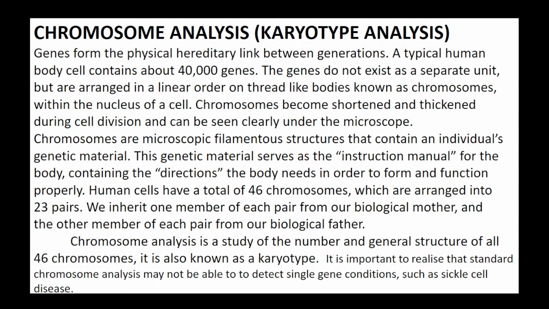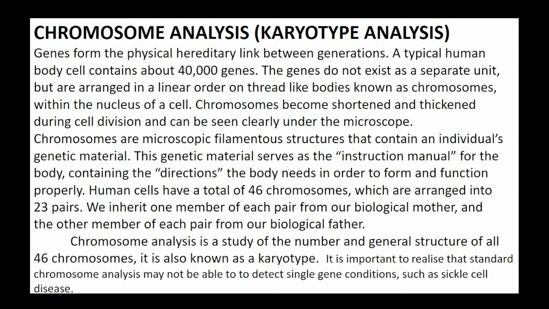These 46 chromosomes carry 40,000 genes. We can say that these 46 chromosomes are arranged into 23 pairs, where one set of chromosomes, 23 chromosomes, we inherit from mother, and the other 23 chromosomes we inherit from father.